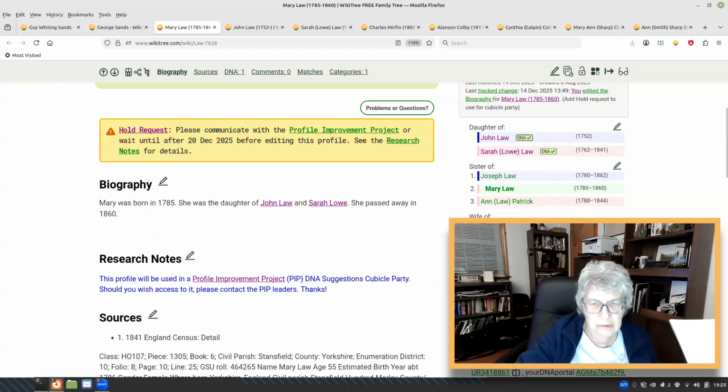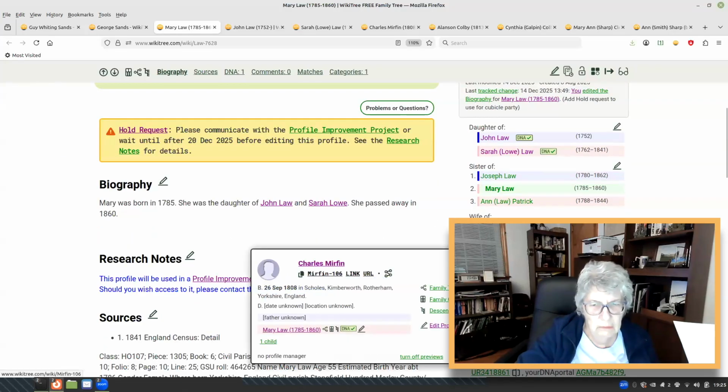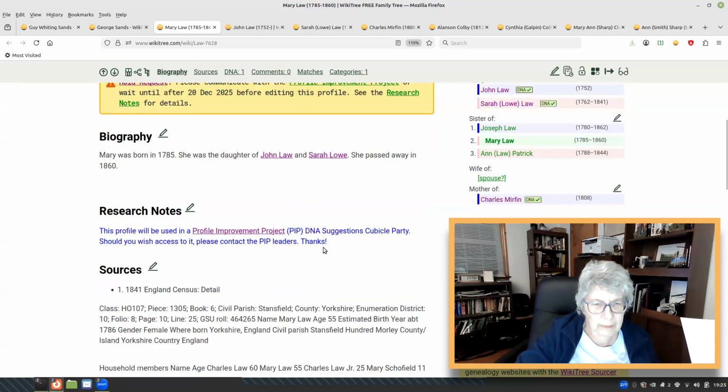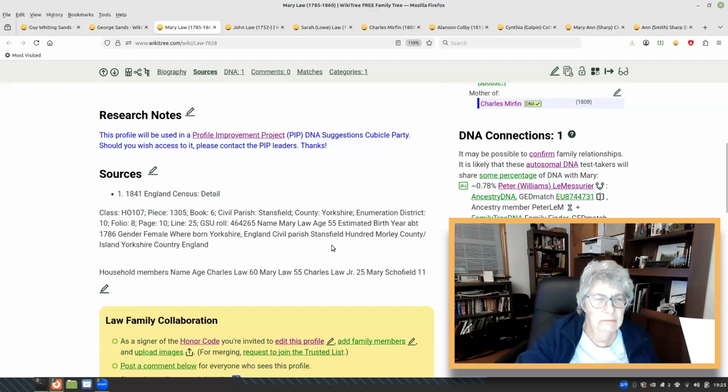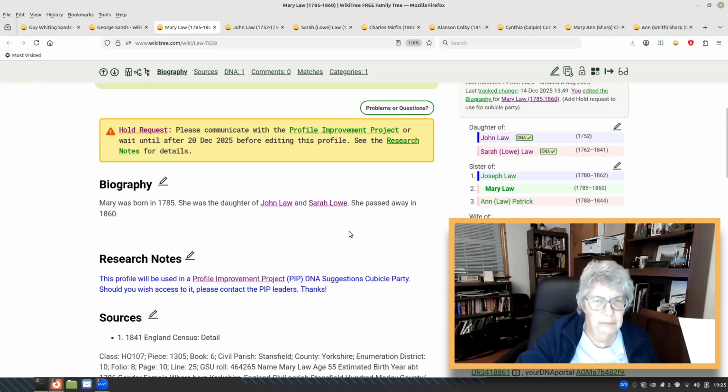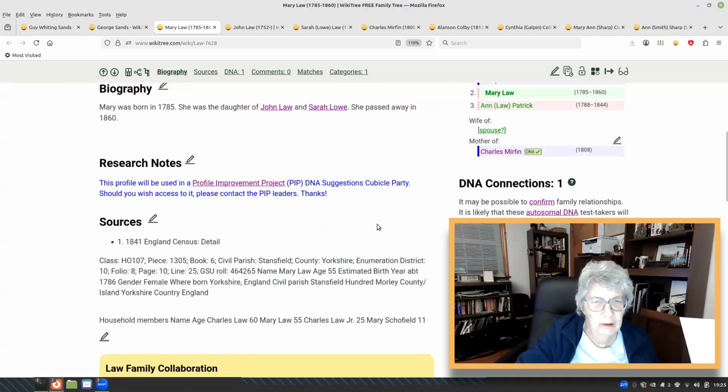And supposedly she's the mother of this guy, Charles, but he has a different last name. So I don't see anything here that's a DNA confirmation source or anything that shows us that she was their daughter.